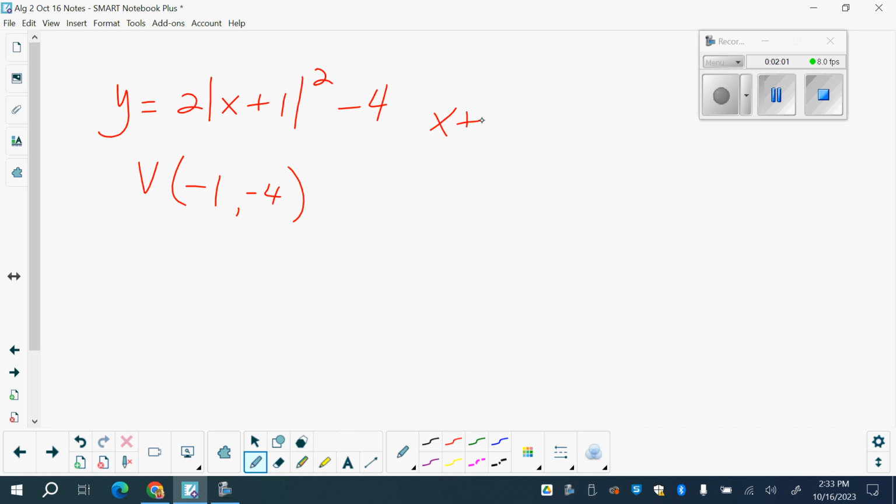But the x plus 1 is on the same side, so we can set it equal to 0, and we would get a -1 for our x values. Just a reminder. I'm doing some review of absolute value, because we're going to use that information to find the vertex today.